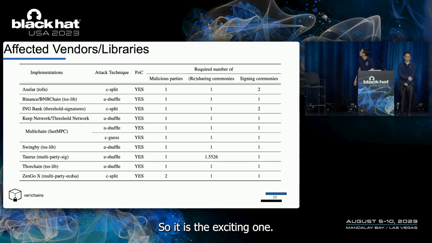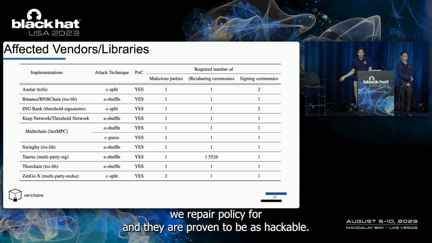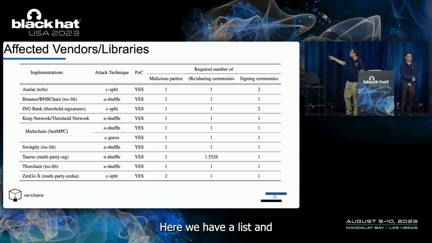So this is the exciting one. We have a list of affected vendors and libraries that we have prepared POC for, and they are proven to be attackable. Here we have a list.